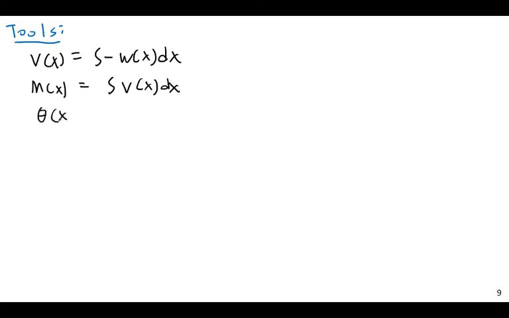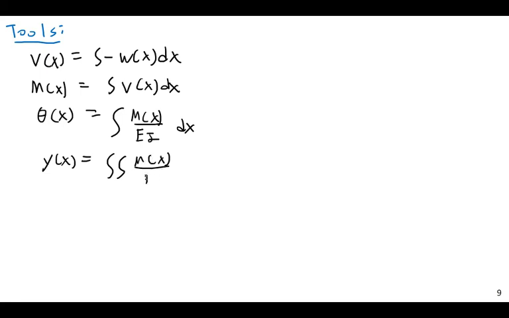The slope of the beam, theta of x, is equal to the integral of M as a function of x over EI dx. And y as a function of x is a special one, that's the double integral, M as a function of x over EI dx dx, or we can think of this as equal to the integral of theta as a function of x dx.